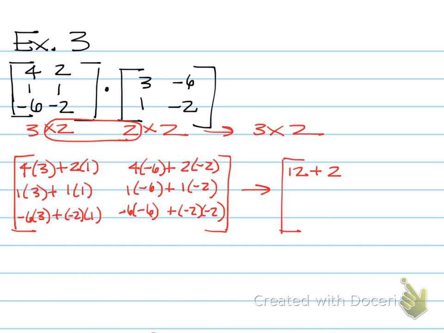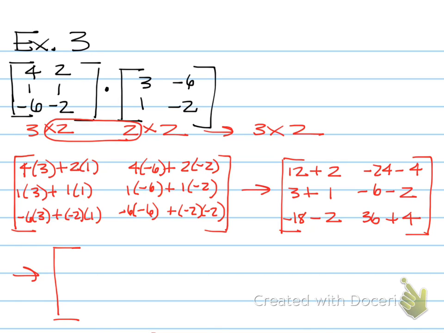All right, so that will give us, once we simplify those expressions, we should get 12 plus 2, negative 24 minus 4, 3 plus 1, negative 6 minus 2, negative 18 minus 2, and then this one should actually be 36 plus 4.